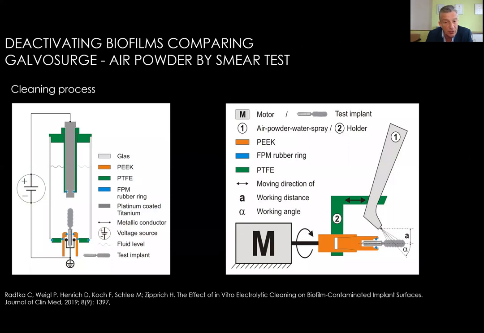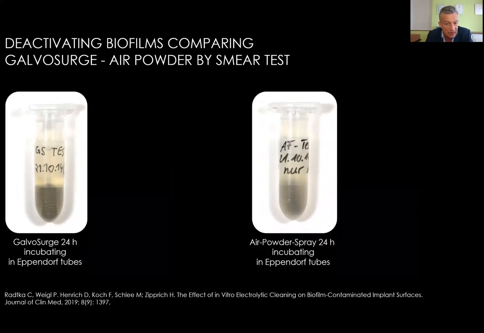To make sure that the cleaning process is comparable to an intraoral situation, we applied the air powder spray at a certain angle. You see the test machine rotated and moved back and forth, as we can do in the mouth. After cleaning, we placed the cleaned implants into Eppendorf tubes in a nutrition solution.